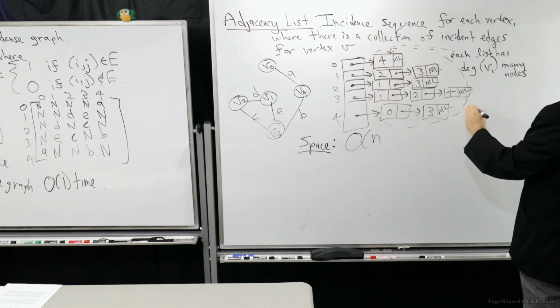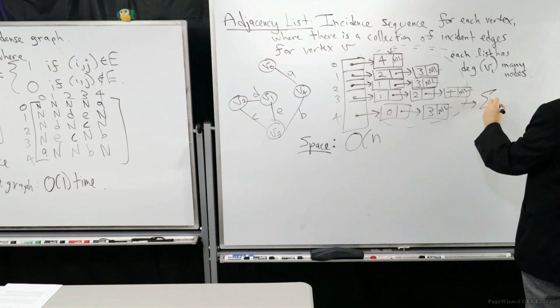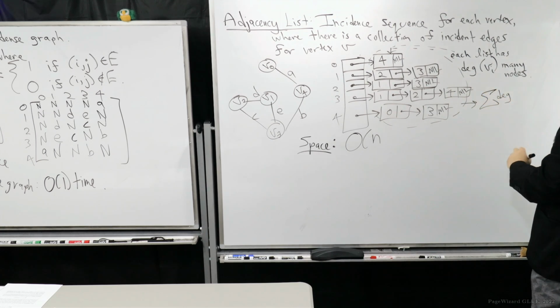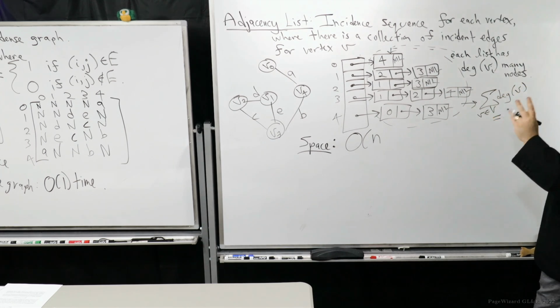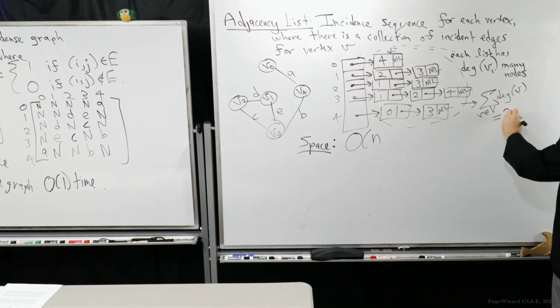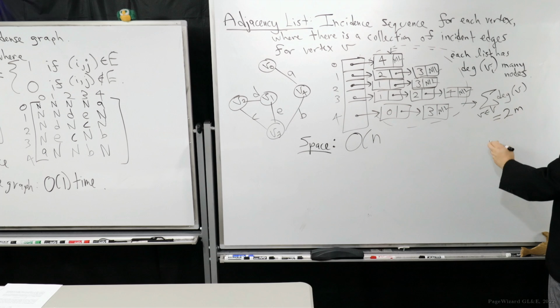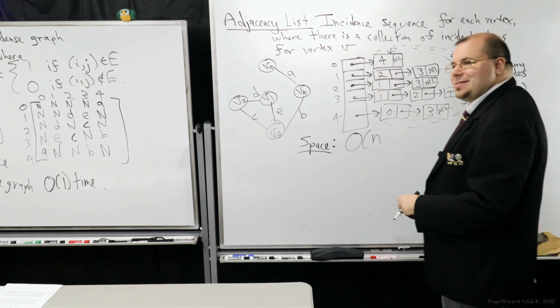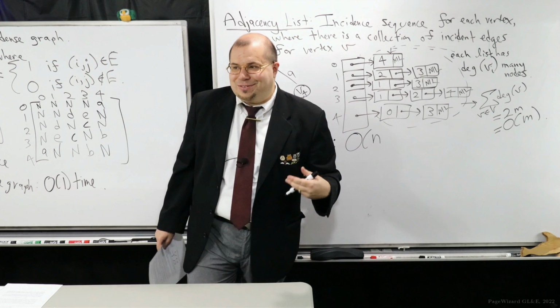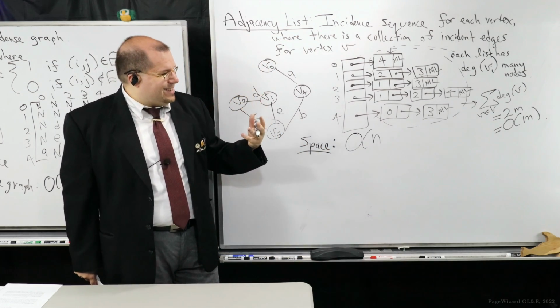That's the sum of the degrees, right? Over all the vertices. And as we established by the handshaking lemma, this is exactly equal to 2 times m, which is big O of m, because it's just 2 times m. 2 is a constant.